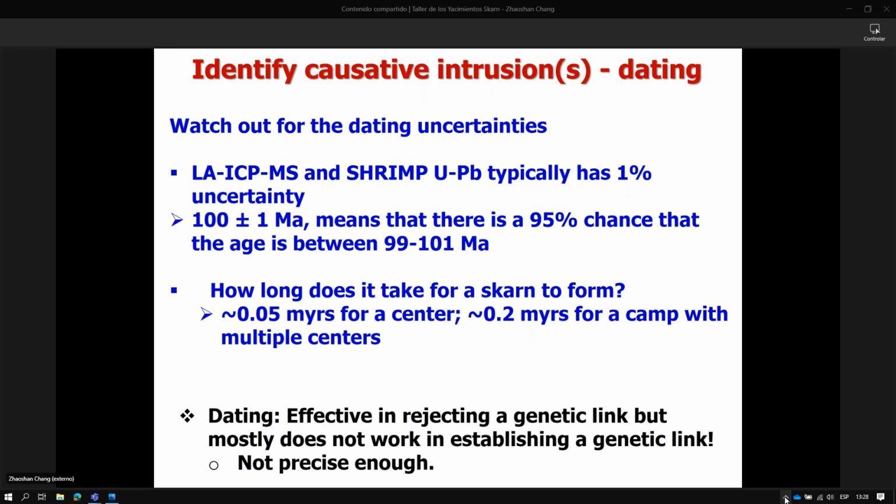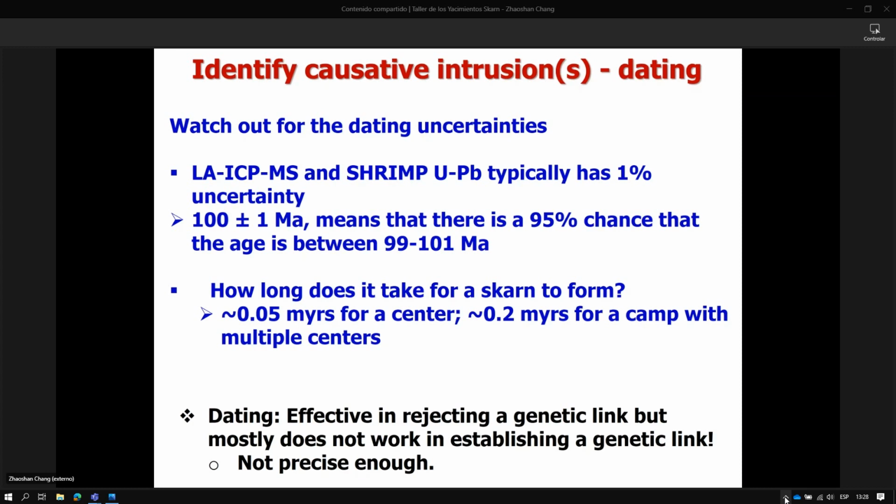you can actually form a skarn, then have it uplifted and eroded. So if the ages are within the dating uncertainty, both of them are forming in this range, and you cannot tell which one is earlier and which one is later.